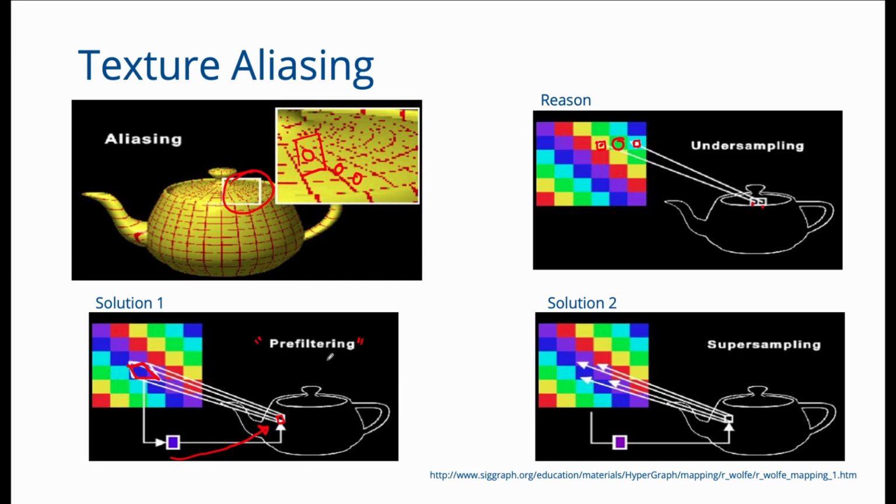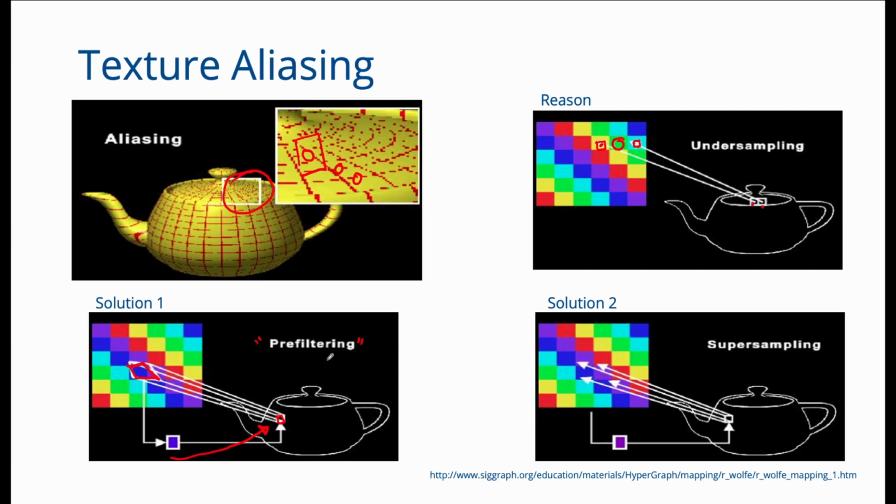Therefore, an alternative to pre-filtering that is followed in the rasterization pipeline is that instead of getting only one sample per pixel from the texture image, we do super sampling. So imagine that instead of sampling only once corresponding to a pixel, we sample once and then we take, say, the 4 neighboring pixels of that one sample.